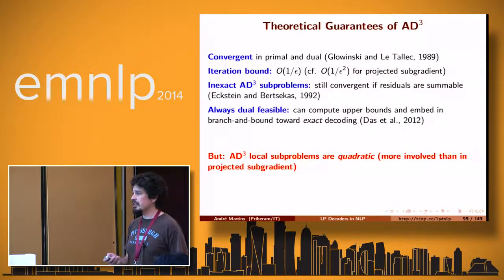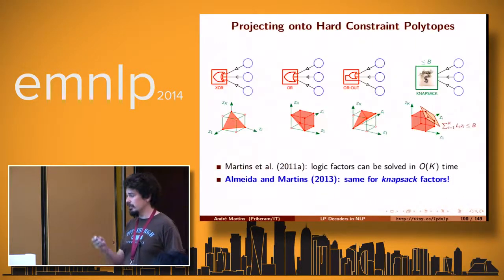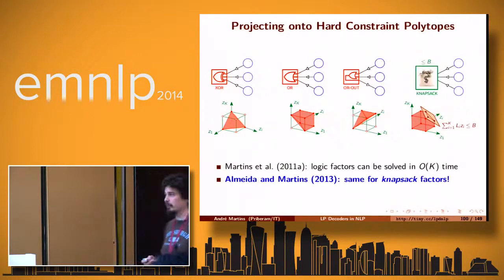So the disadvantage is that the local subproblems are now quadratic. So this is more involved than in projected subgradient, because there it was just a local MAP problem. Still, it's very easy and efficient for logic and knapsack factors to solve these quadratic problems. Just to give an idea of what those problems become in the case of arithmetic constraint factors. So these are the constraint factors that we have discussed previously.